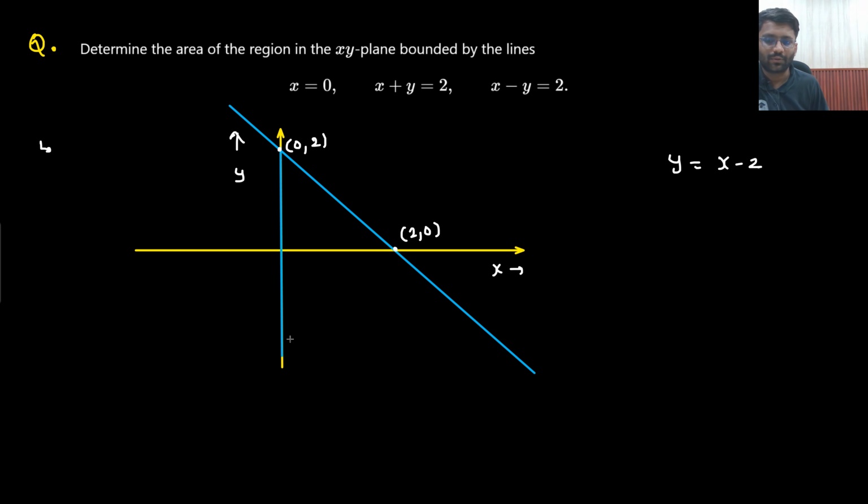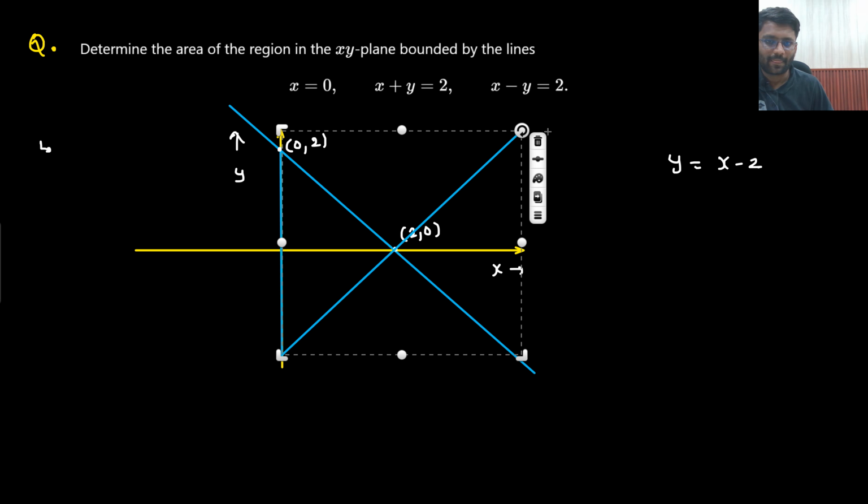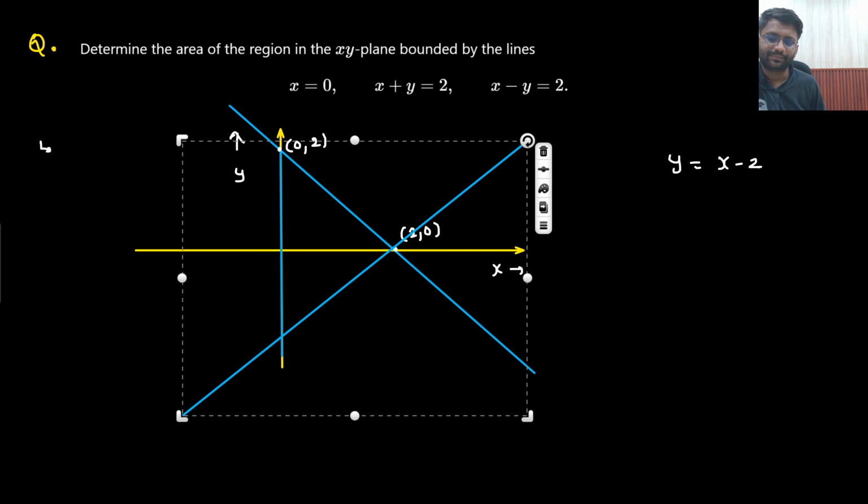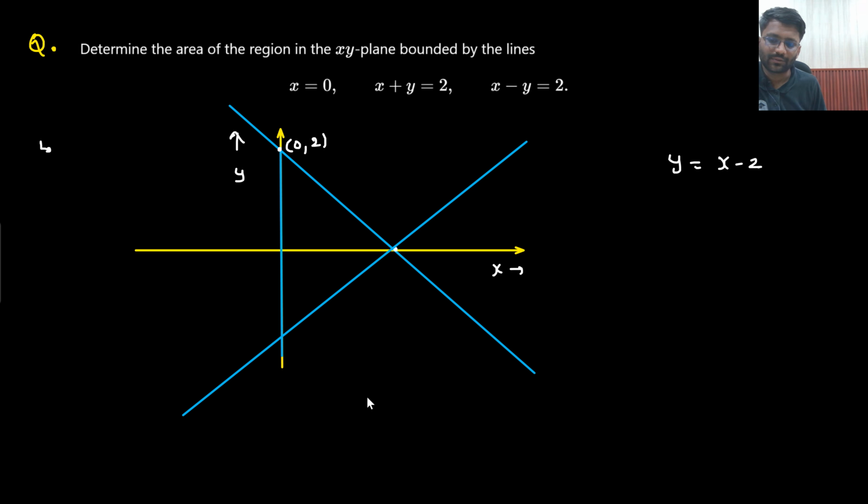So the line would go somewhat like this. So this point is 2, 0. And what is this point? This is x equals 0 and y equals minus 2. Okay, so these are the lines.